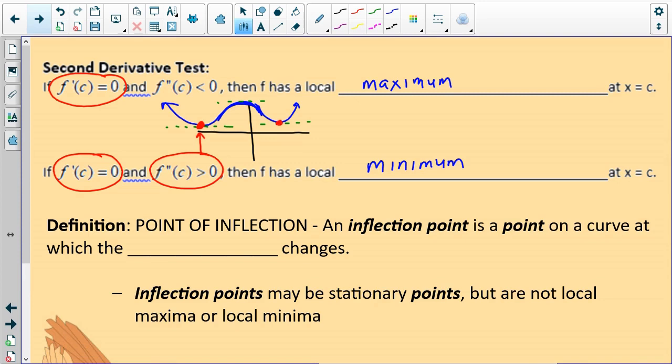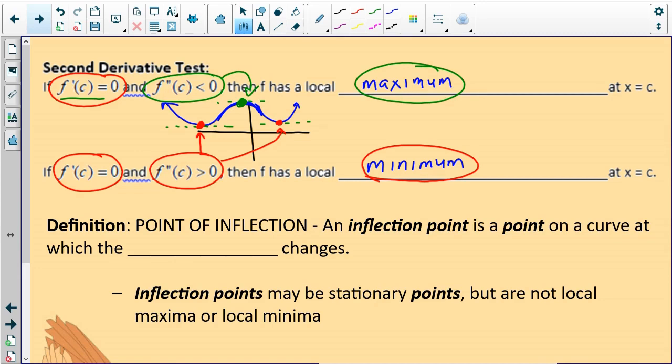If I look at this spot, that is also concave up, which means that my second derivative is greater than 0. Just based on this picture, it's a local minimum. If I'm looking at whether something could be a local maximum because I'm concave down and I have a horizontal tangent line, my derivative is equal to 0, that would be this situation.